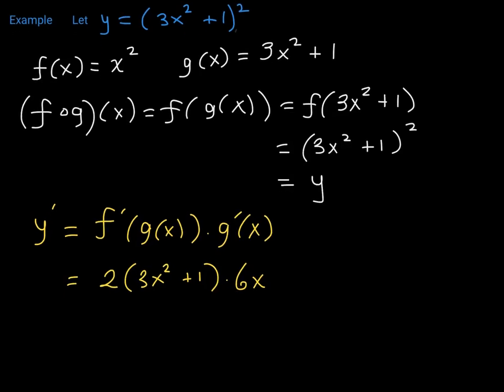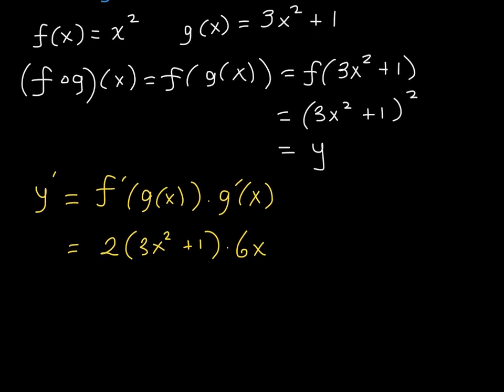So then y prime is equal to 12x times 3x squared plus 1, which can be simplified as 36x cubed plus 12x. All right? So once again, it's the derivative of the outer function evaluated at the inner function.